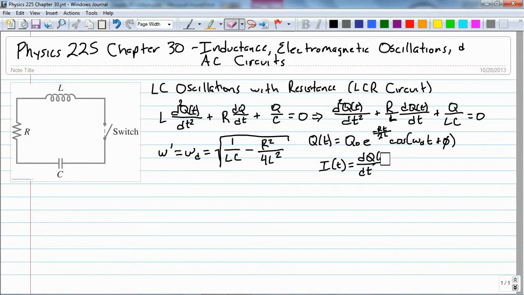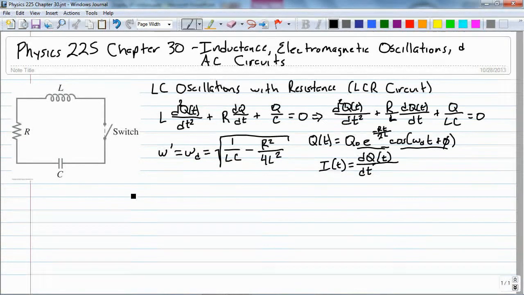And don't forget that because this is actually a function of two functions of t, you're going to have to use the product rule to do this.